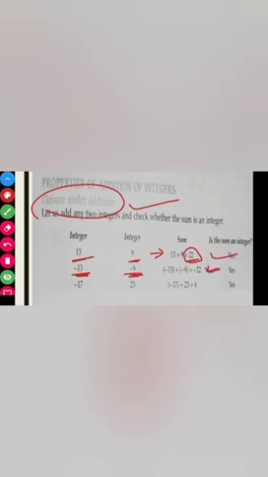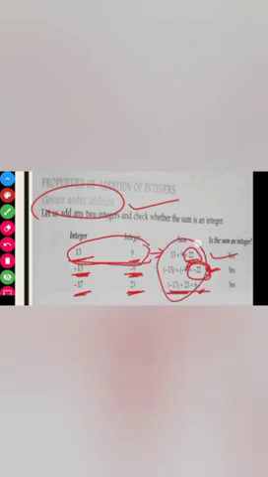Then again it is an integer. Minus 22 is another integer. So here if you take another integer minus 17 and here 23, if you add, then you will get again an integer. So here you are getting, if you are adding any two integers, then the sum is also an integer.